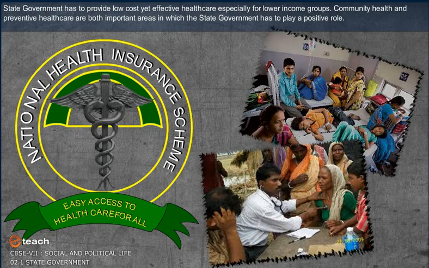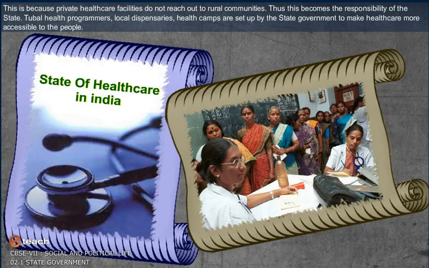Community health and preventive health care are both important areas in which the state government has to play a positive role. This is because private healthcare facilities do not reach out to rural communities. Thus, this becomes the responsibility of the state.